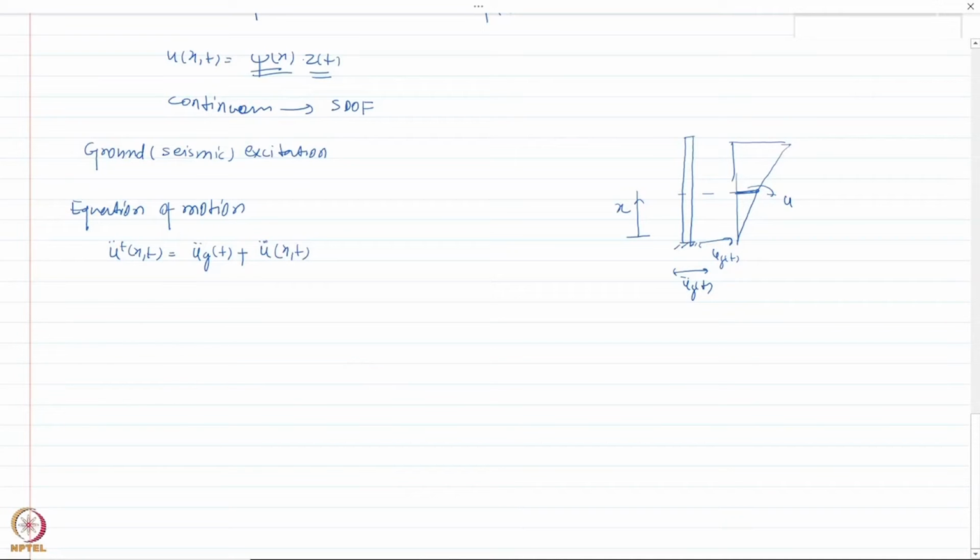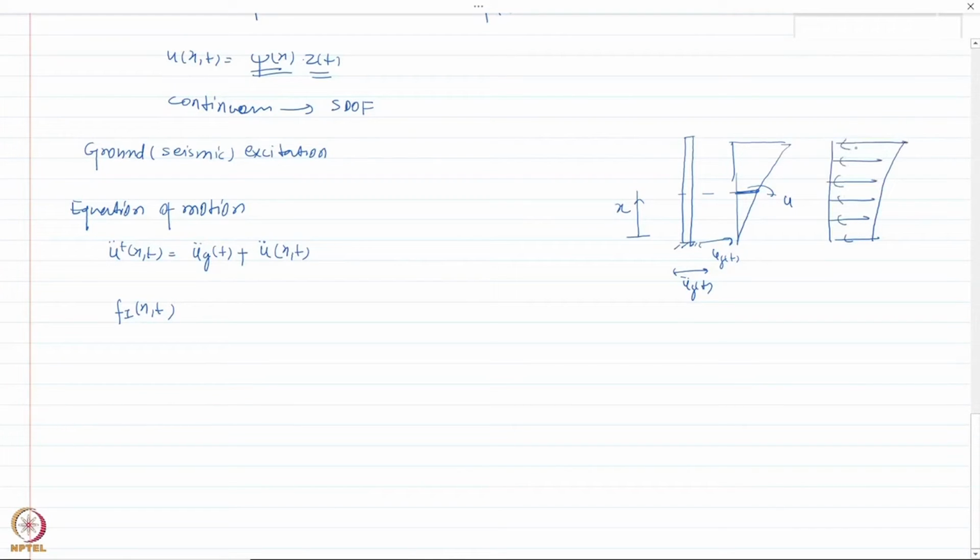Knowing that, let us first find out the inertial force due to this acceleration. The inertial force at any point would look something like this.